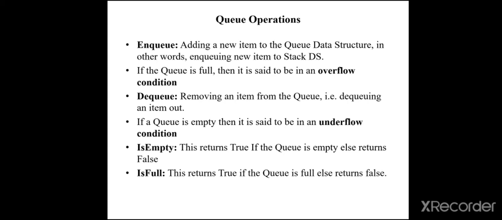Display is to display the elements of the queue. Is empty returns true if the queue is empty, else false. Is full returns true if the queue is full, else false. If the queue is empty, then it is said to be in an underflow condition. These are the operations performed on the queue.